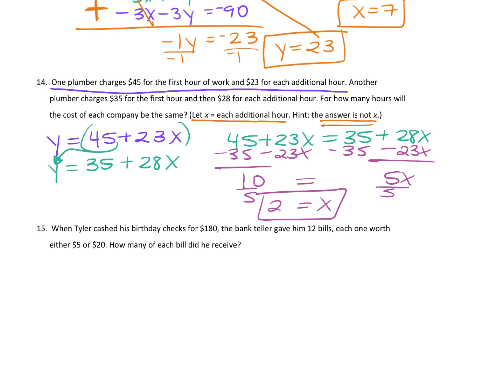Why is my answer not 2? What is my answer? It's 3. Why is it 3, Casey? You're right. It is 3. Why is it 3?